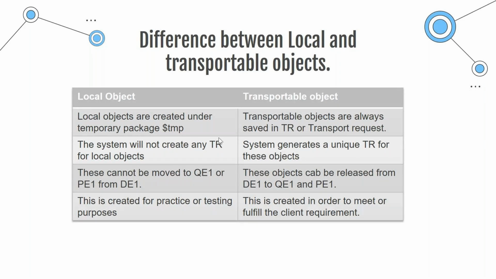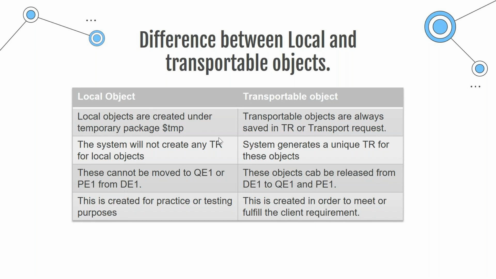And every time you save anything in a package other than the temporary package, the system will prompt for a transport request. A local object will not have any TR, because local means you are not supposed to transport it at all, whereas a transportable object will have a unique TR.